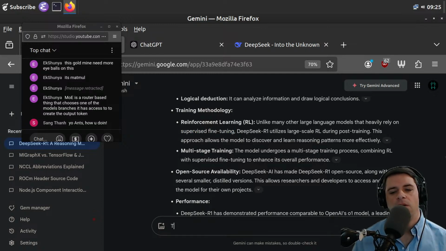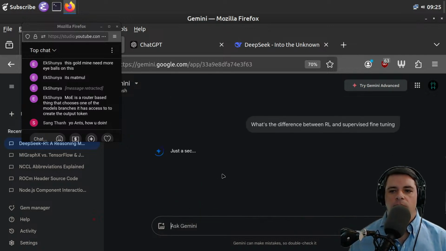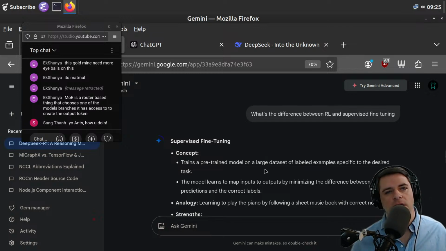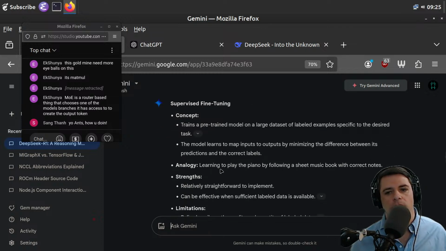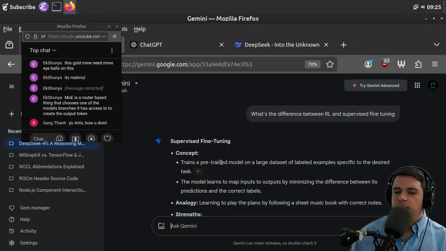Let's ask Gemini. What's the difference between reinforcement learning and supervised fine-tuning? So reinforcement learning, you get rewards according to some policy. But mathematically, they should be more or less estimating the same sorts of things, I would assume.